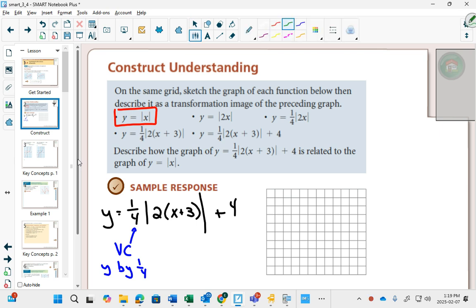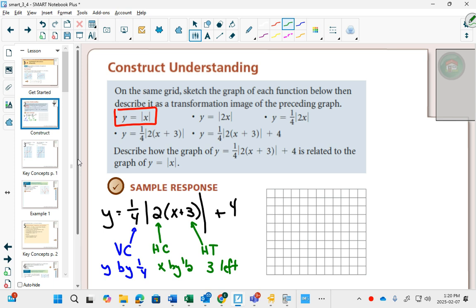Then we have two horizontal things happening. This is going to be a horizontal compression. Remember, x's are liars. We're going to multiply our x values by 1/2. And this is a horizontal translation. We're going to go 3 to the left.